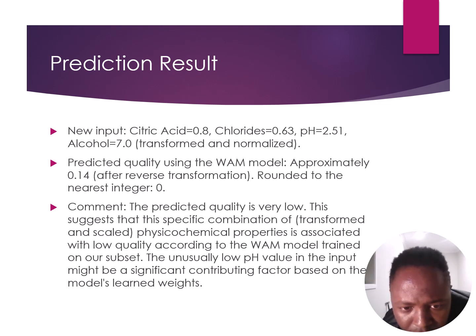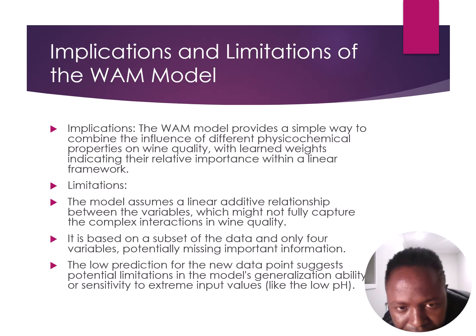So on these, the predicted quality is very low. This suggests that this specific combination of transformed and scaled physicochemical properties is associated with low quality according to the WAM model trained on a subset. The unusually low pH value in the input might be a significant contributing factor based on the model's learned weights.